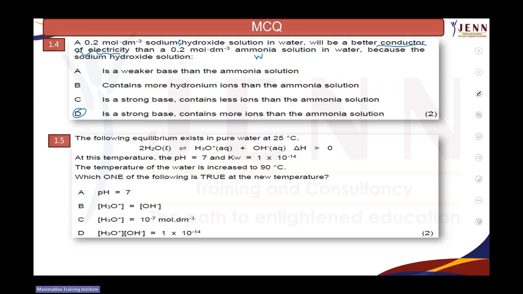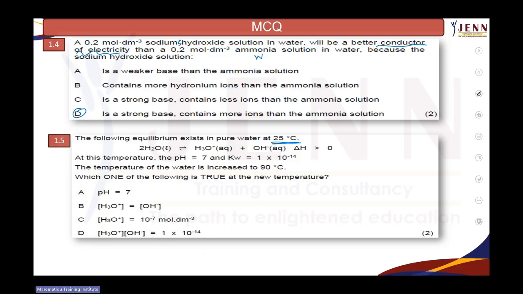Okay, the following equilibrium exists in pure water at 25 degrees Celsius. Please remember, I did say, the moment you see that, they are telling you to use autoionization of water. At this temperature, the pH is equal to 7 and Kw is equal to 1 times 10 to the power negative 14. The temperature is increased to 90 degrees Celsius.